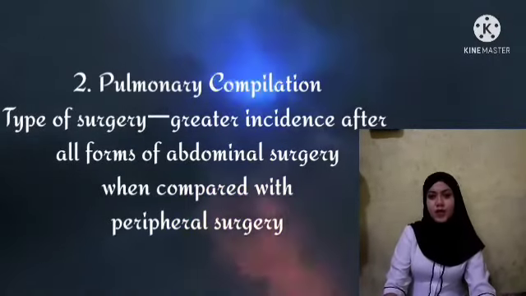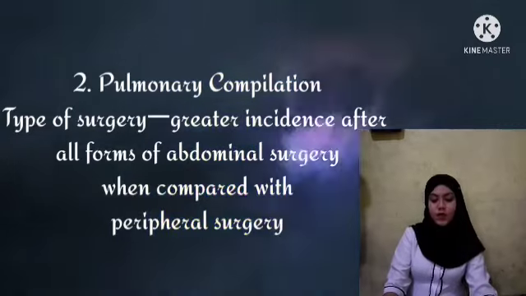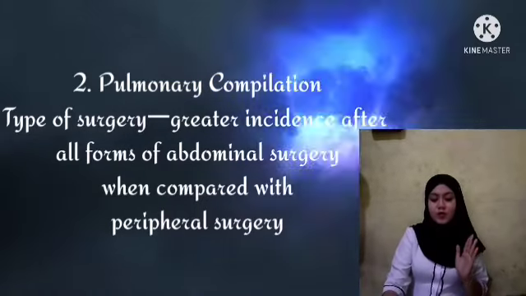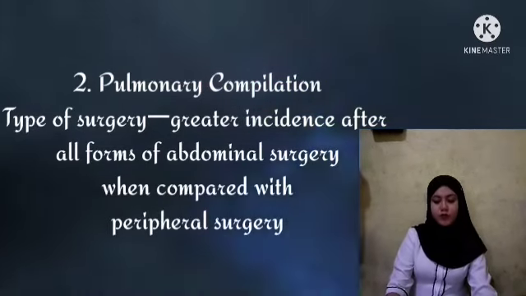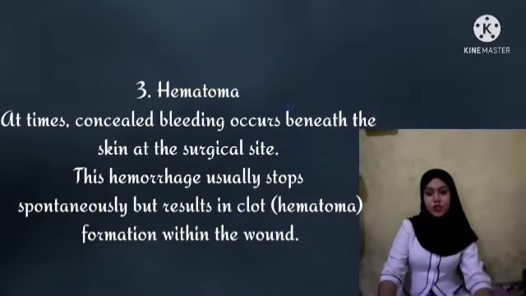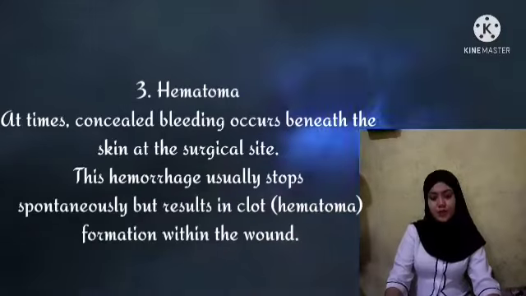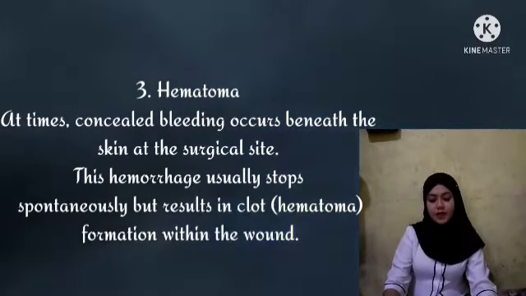Postoperative pulmonary complication is the umbrella term for adverse changes to the respiratory system, including immediately after surgery. The most common presentations include an altered function of respiratory muscles, reduced lung volume, respiratory failure, and atelectasis. The third one is hematoma. Wound hematoma, a collection of blood and clot in the wound, is a common wound complication. It is usually caused by inadequate hemostasis.